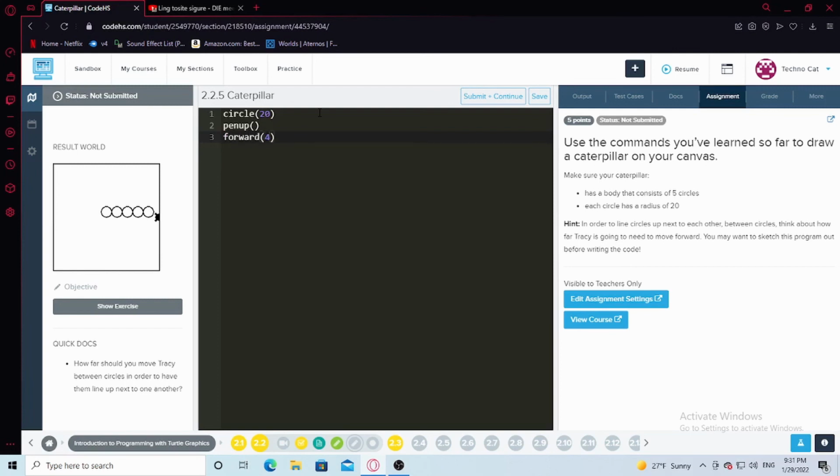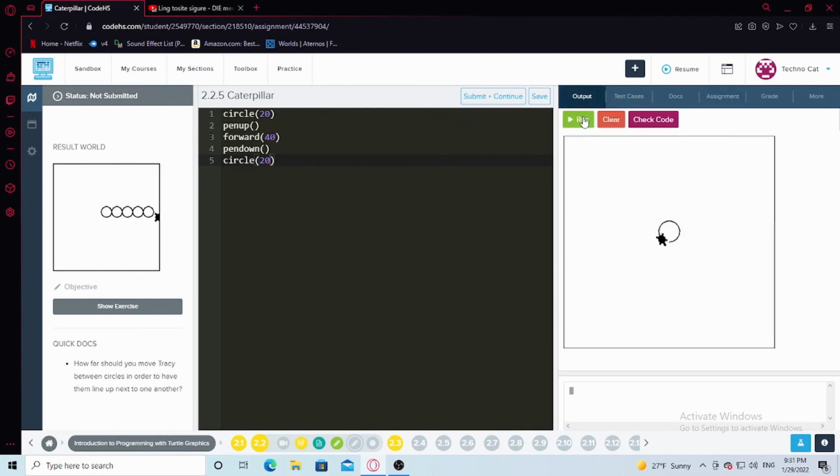I assume so. And when she moves forward, pen down, and then another circle with a radius of 20. So now let's try this out. This should give us the first 2 circles. Yes! Perfect. So, now we're going to repeat this part again.